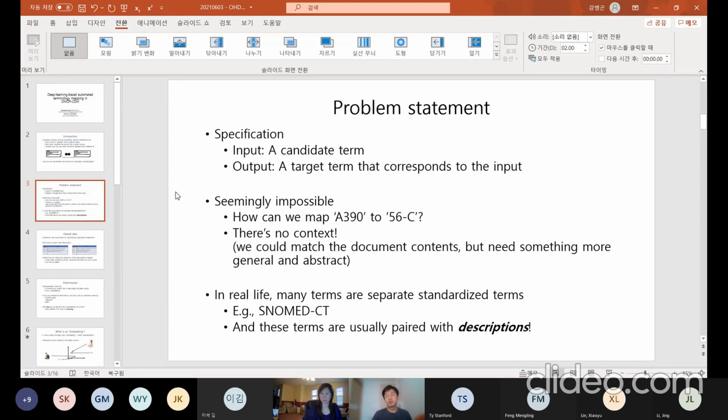And even if we are not using SNOMED CT, it's very reasonable to assume that each code will come with a corresponding description in some appropriate form, because otherwise it would be very difficult to manage all those tags. So in this work, we're going to assume that these individual institutions' codes are paired with the corresponding description text.